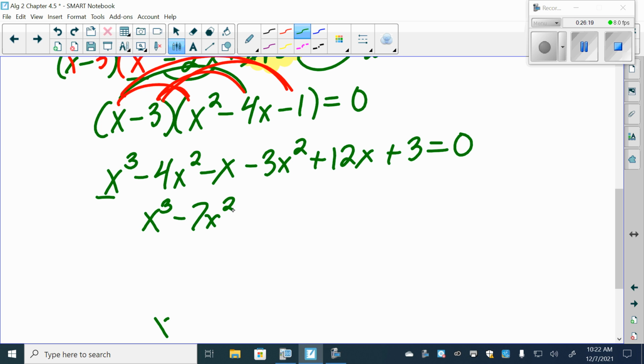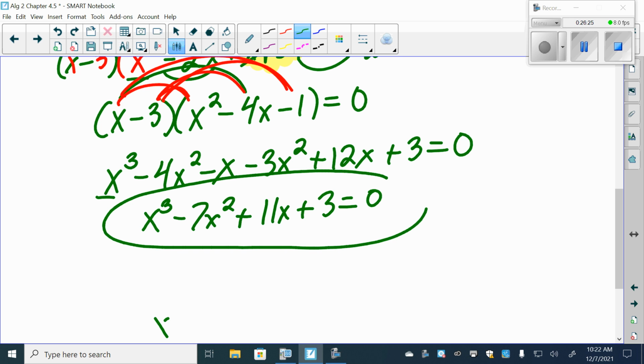Negative x plus 12x is plus 11x plus 3 is equal to 0. So this here is the polynomial of least degree with a leading coefficient of 1. And that's it. Any questions on any of this here?